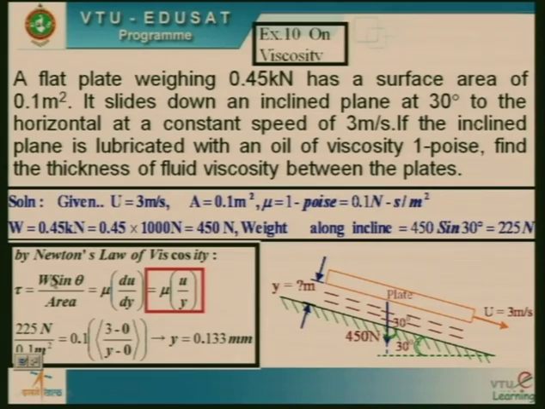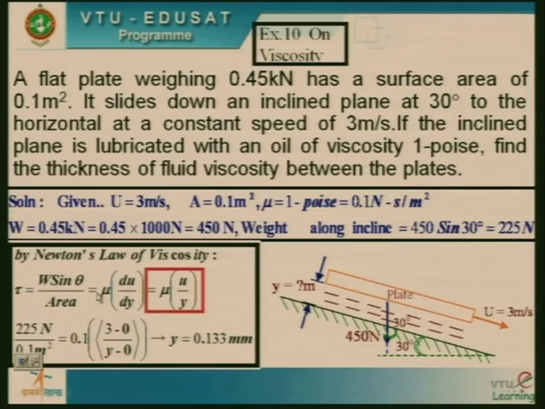Force responsible for the movement of this particular plate down the inclined plane is W sin theta, which is known, divided by the area of the plate is equal to mu into du by dy. This formula again changes to mu into u by y, instead of du I write u, instead of dy I write y, because there is a triangular variation and maximum velocity is u, maximum gap is y.